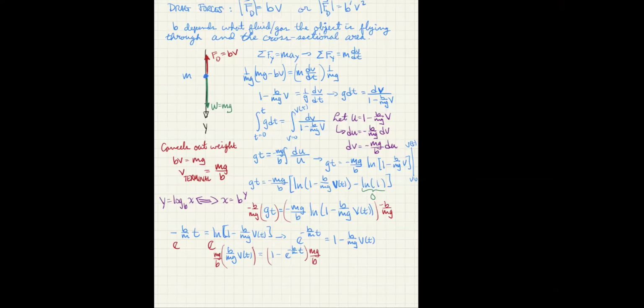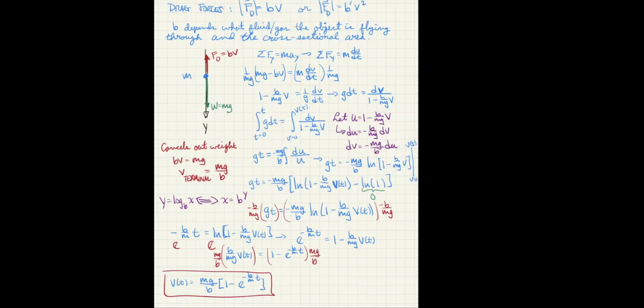And that's going to give us v of t is equal to mg over b times 1 minus e to the negative b over m times t. And that's our velocity as a function of time.